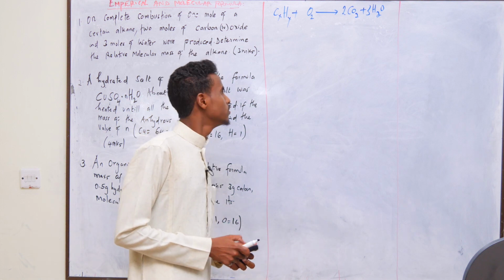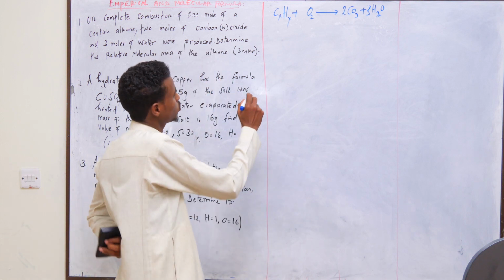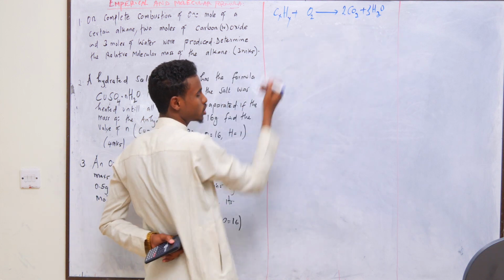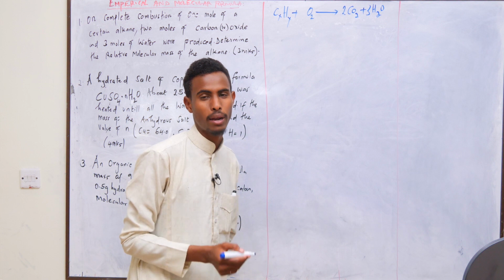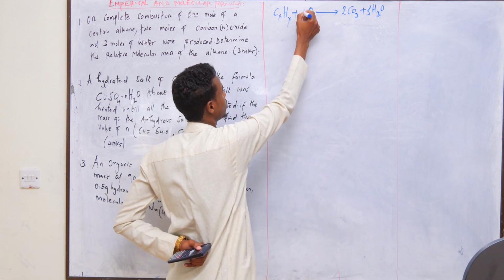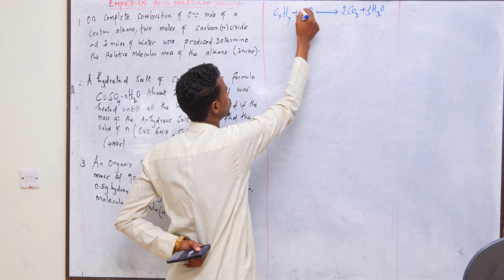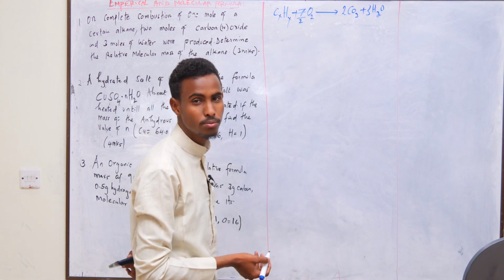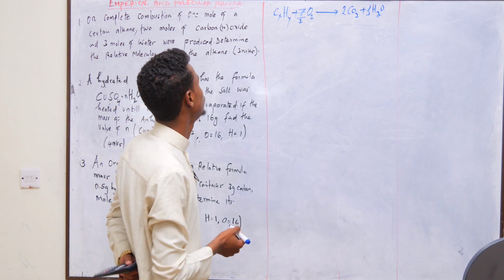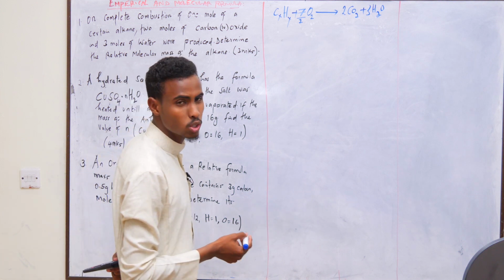Here we have 4 plus 3, 7. Here we have 2 oxygen atoms. So what can we multiply by so that we have 7 atoms of oxygen here as well? We multiply by 7 out of 2. Is 7 out of 2 enough?